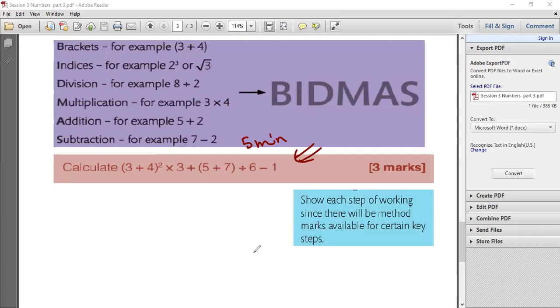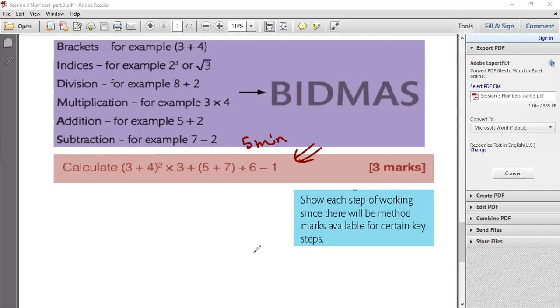Let's check together if you did all the steps correctly or you have a mistake. So let's start with Ahmed. Ahmed, in this problem, from which step should we start? Brackets.